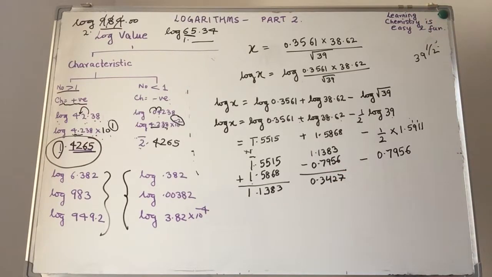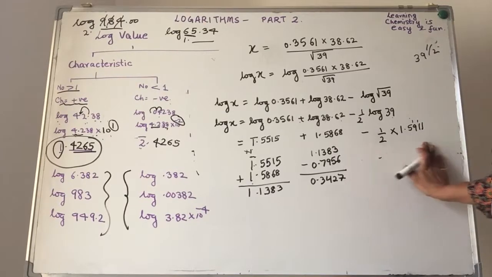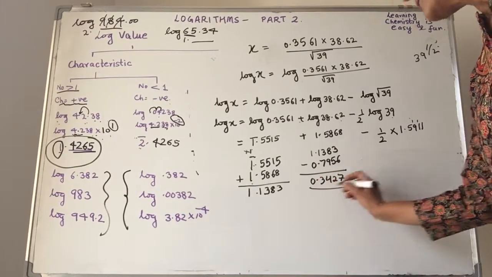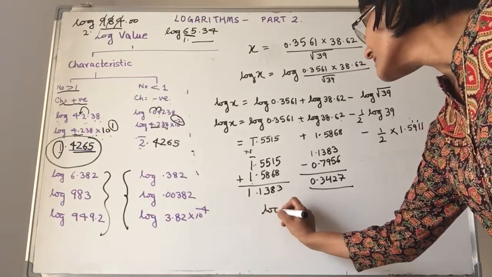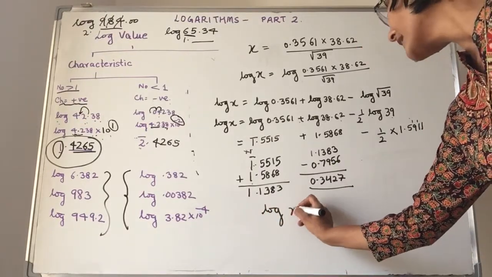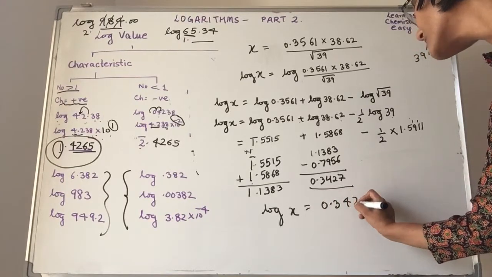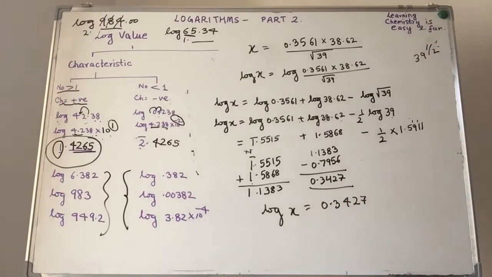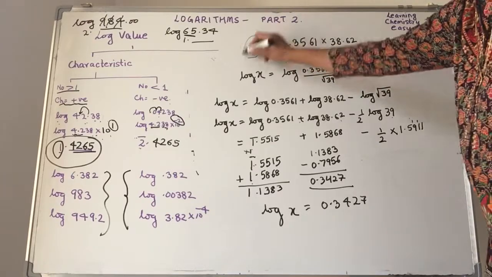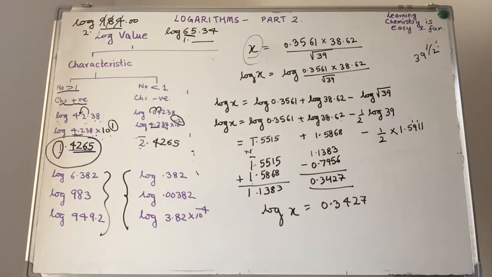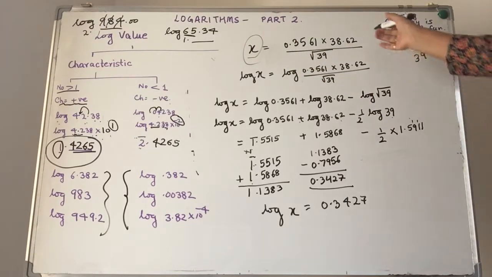Have we reached the final answer? No, we haven't. Why? Because this is the value of log x, 0.3427. What do we have to find out? X, right? We took x as this.